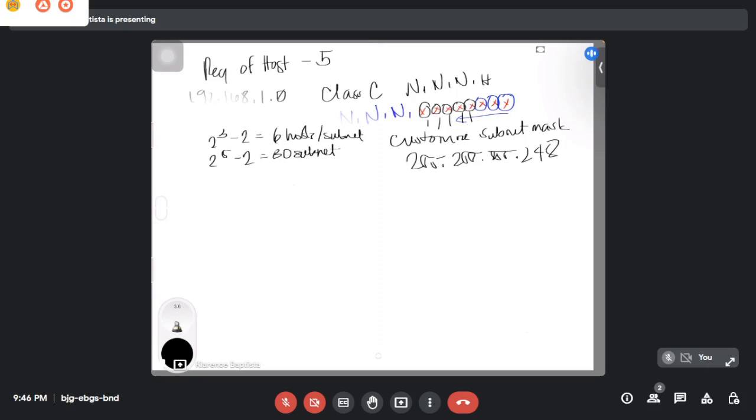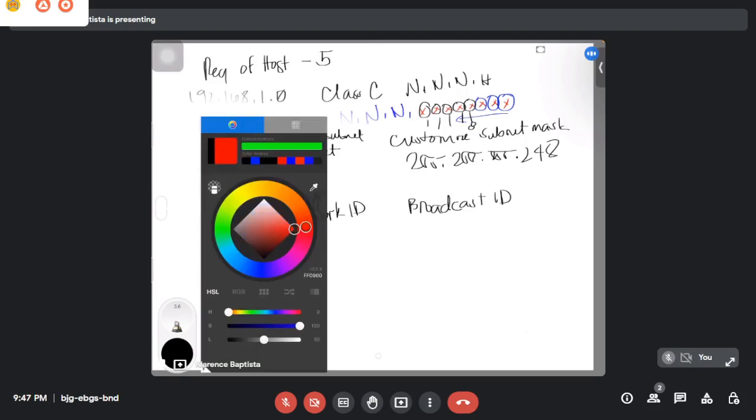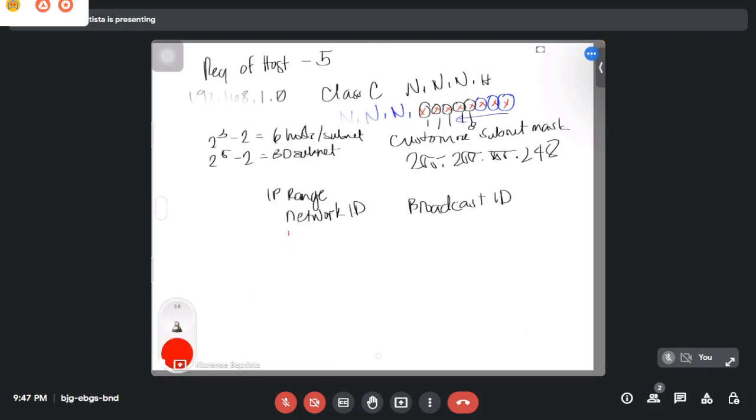Okay? The last bit of this one, yung naka-block na, or yung sa network, subnet is 8. So, ang magiging IP range niya, so we have network ID. We also have the broadcast ID. So, start tayo sa 192.168.1.0.